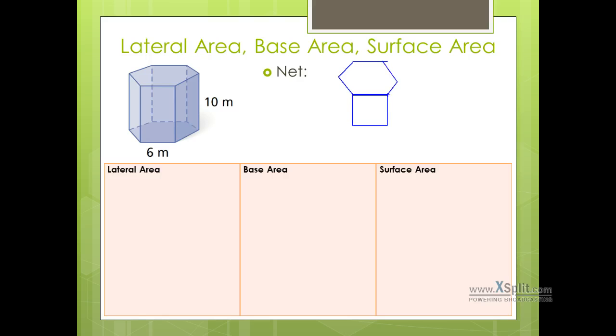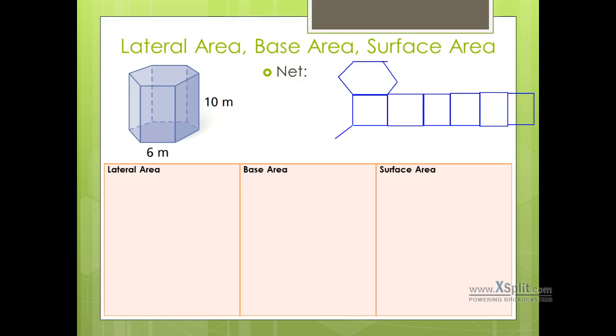We have a bunch of rectangles. 1, 2, 3, 4, 5, and 6. These rectangles should all be the same size. My apologies that they are not. It's hard to draw with a computer.